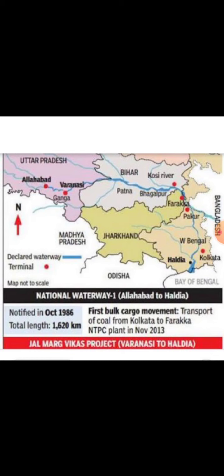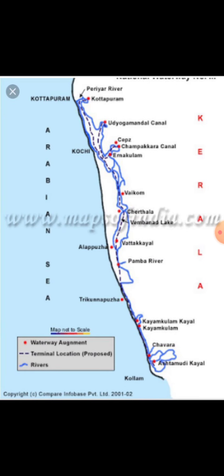National Waterway 2 extends between Dhubri and Sadiya. National Waterway 3 extends between Kollam and Kottapuram. Where are they, students? Very good, it is in Kerala.